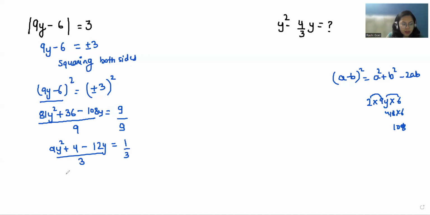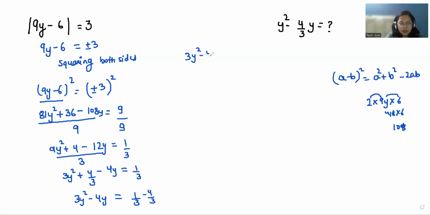So it becomes 9 by 3 is 3y² + 4/3 − 4y is equal to 1/3. So 3y² − 4y is equal to 1/3 − 4/3. So 3y² − 4y is equal to −3/3, that is 3y² − 4y is equal to −1.